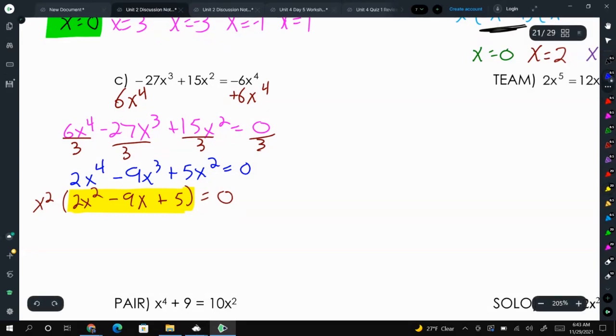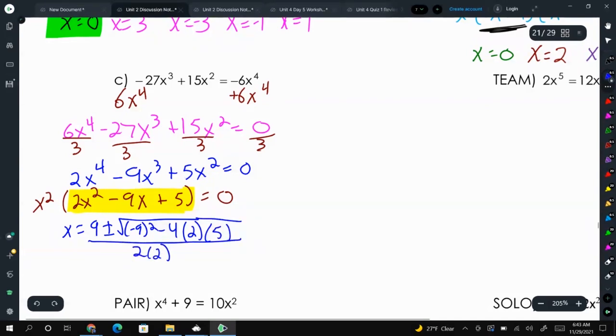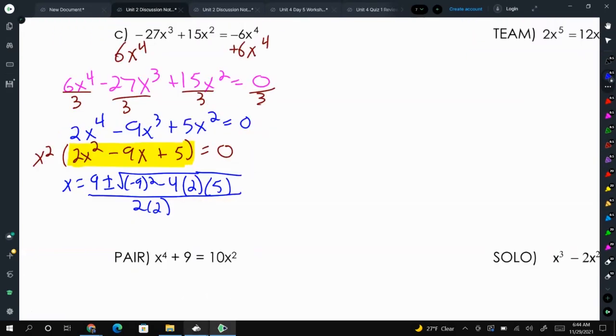So that quadratic formula we're going to use, x equals negative b, so negative 9, so 9 plus or minus the square root of negative 9 squared minus 4 times a, which is 2, times c, which is 5, all over 2 times 2. So we're going to type this into our calculator.